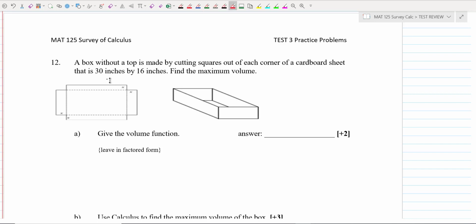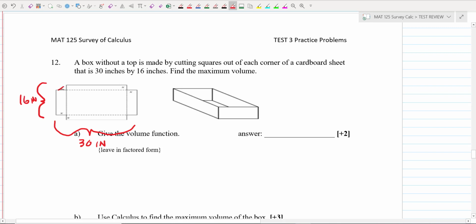So this says you're going to construct a box without a top. You're cutting squares off each corner of a flat piece of cardboard that's 30 inches by 16. So the way this starts off is the entire original side is 30 inches, and the width starts off as 16 inches.